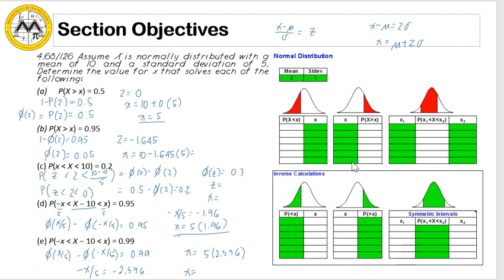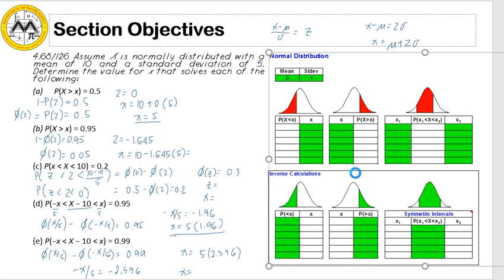So just to check, if the mean is 10 and the standard deviation is 5, so we fill it up, 10 and 5.